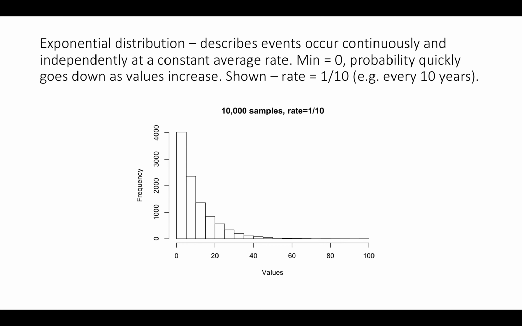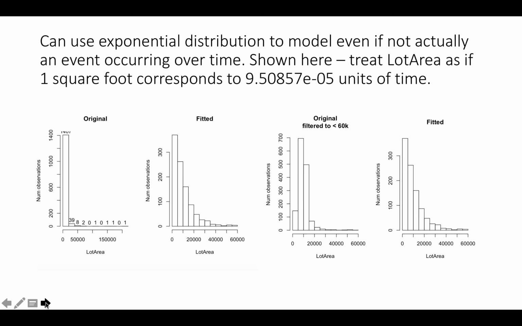Shown as an example is a rate of 1 out of 10, for example a failure rate where it's supposed to be every 10 years. So even if something's not actually an event occurring over time, you could model it based on an exponential distribution.